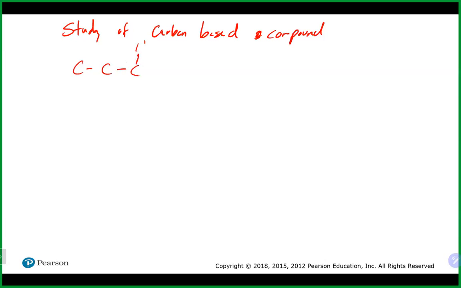And really attached to those carbons are hydrogens. And again, they could go very long, they could go kind of short. It could continue in this sort of pattern. And these are what are sometimes referred to as hydrocarbons. And hydrocarbons, much like the name implies, are really just carbons and hydrogens together in an organic compound.